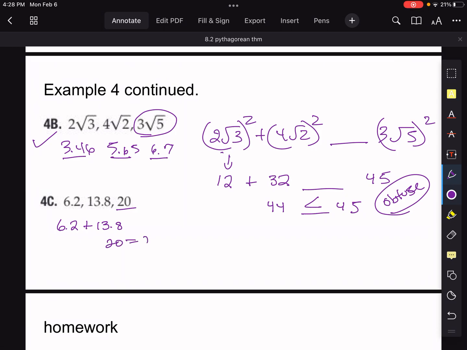So 20 equals 20. It is not greater than the third side. So since we are not greater than the third side, what this means is, if you had these side lengths, you'd end up with just a straight line. We could not have a triangle. You can't form it since no 2 sides are greater than the third. So this is no triangle for this one.